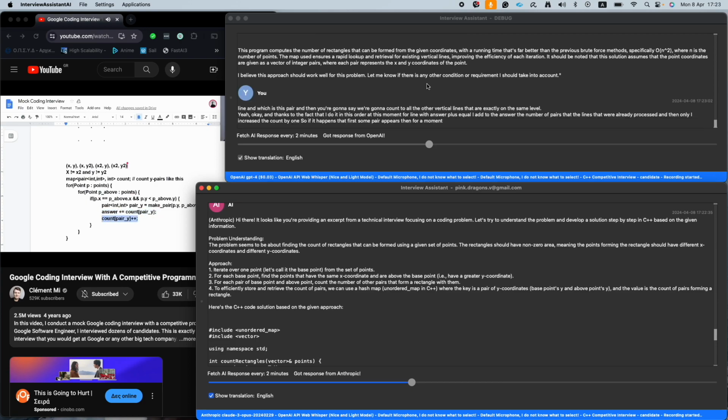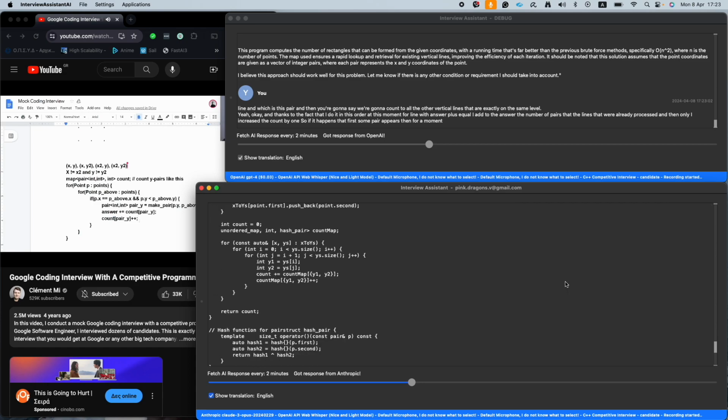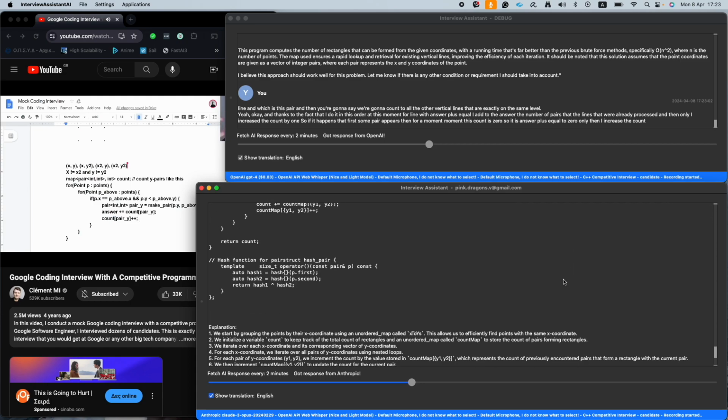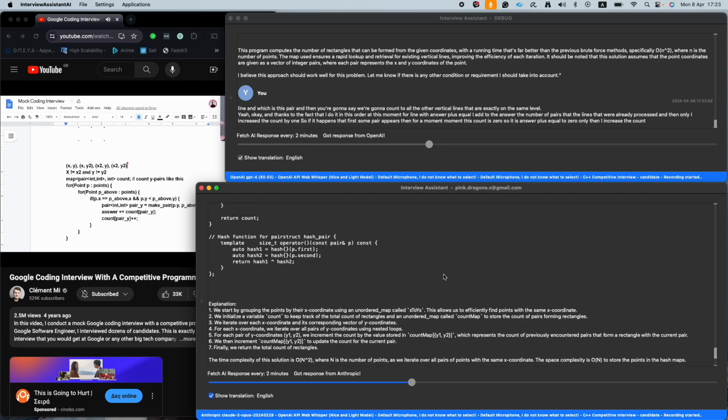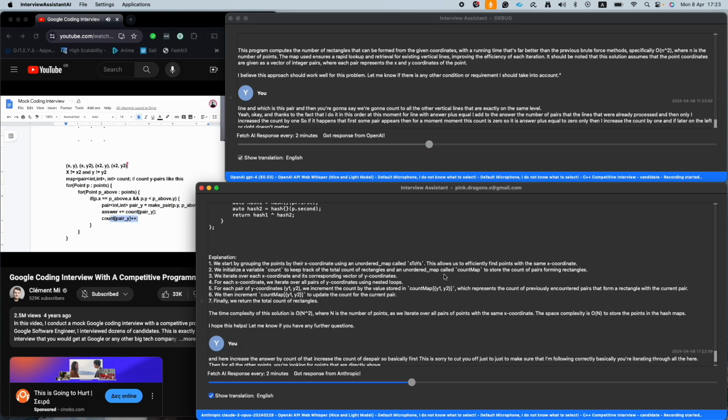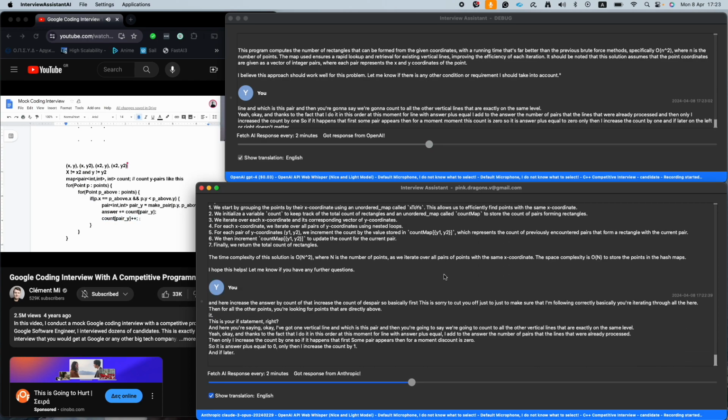Only then I increase the count by 1. And if later, on the left or right, doesn't matter for now, this will be used, the count is already 1, and then I get answer plus equal 1 when I get to this second vertical line. Gotcha.